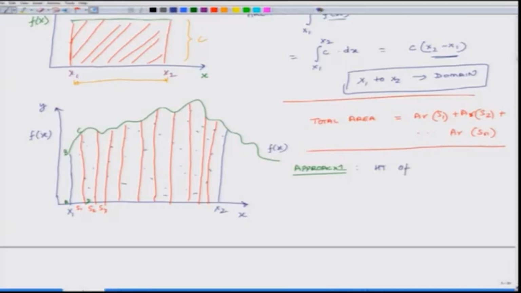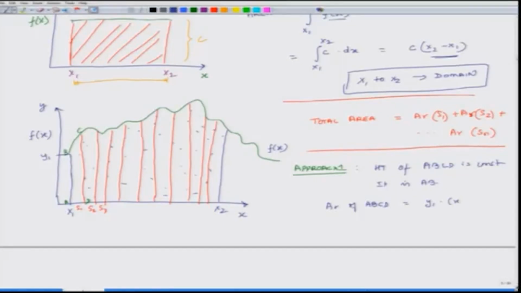Suppose I assume that. If that is the case, and let us say this value of AB is y1. Then the area of ABCD is equal to what? Y1 times x.